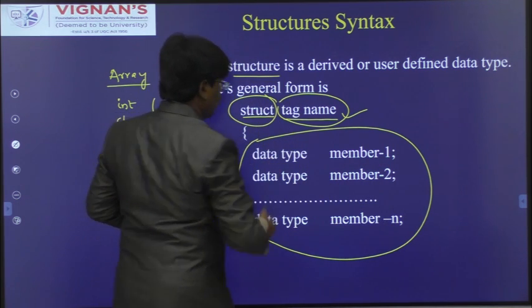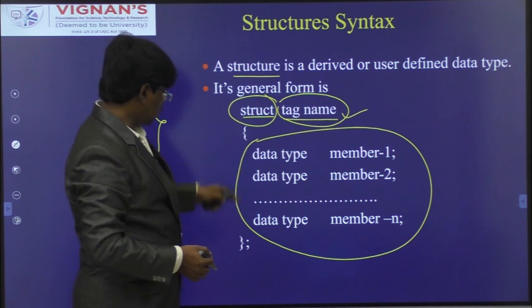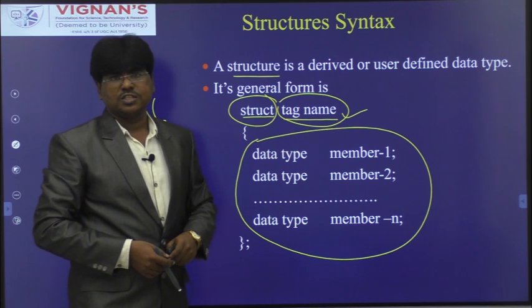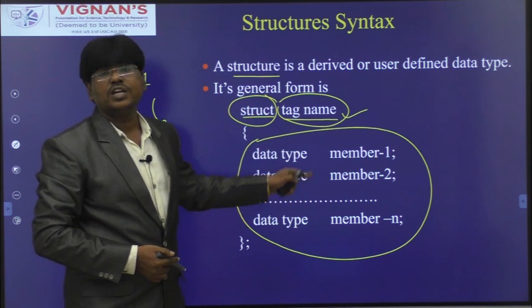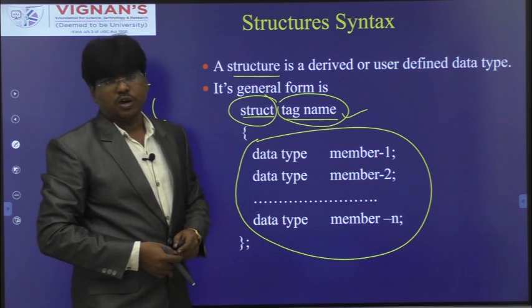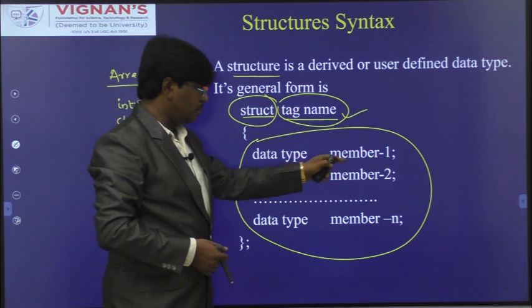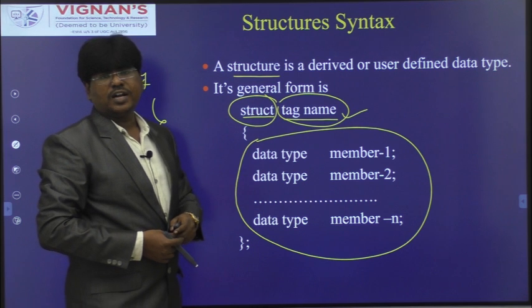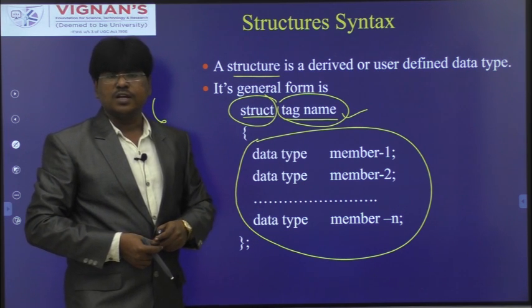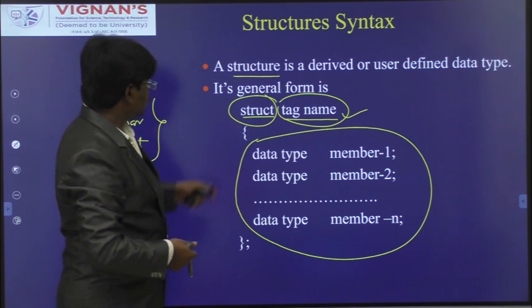The open brace and closing brace form the body of the structure. In that body, you define different data elements: data type member 1, data type member 2, and so on. You can give n number of data types within the body of the structure. Okay, so this is the syntax.